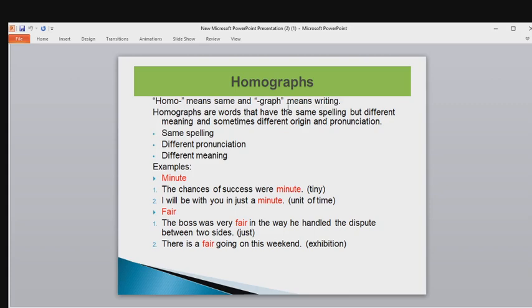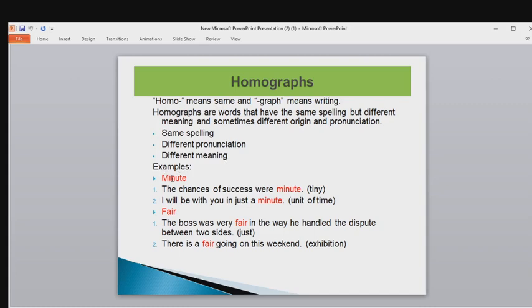The only thing you need to remember here is that their spellings are the same, but their pronunciation may or may not be the same, and at the same time their meanings will be different.